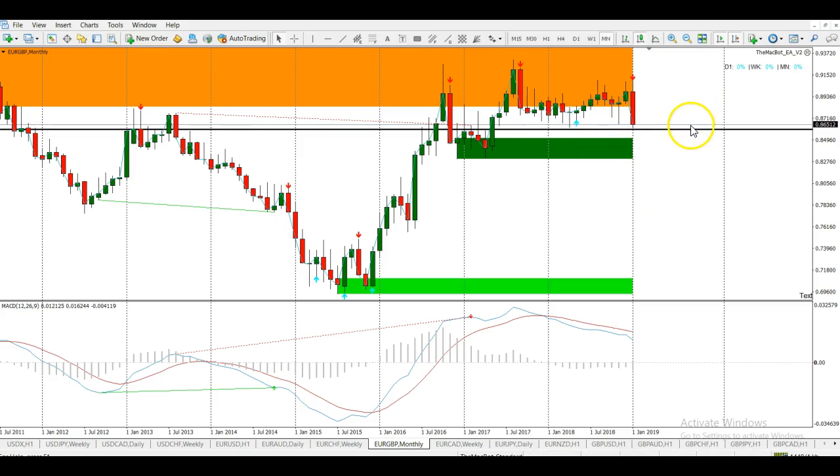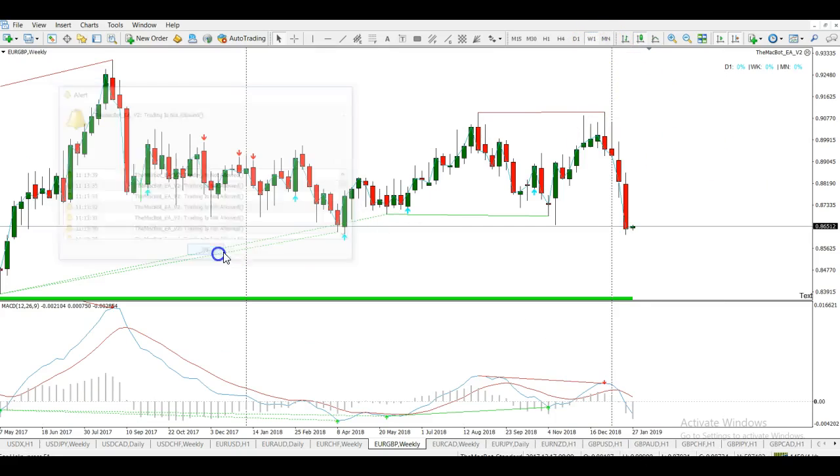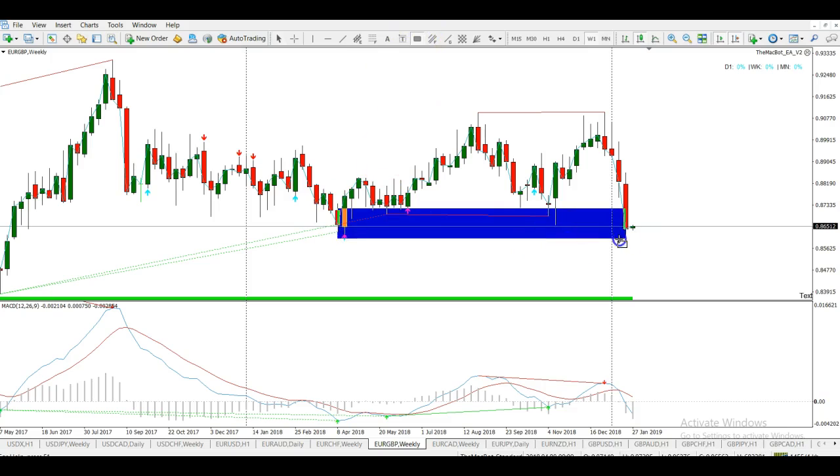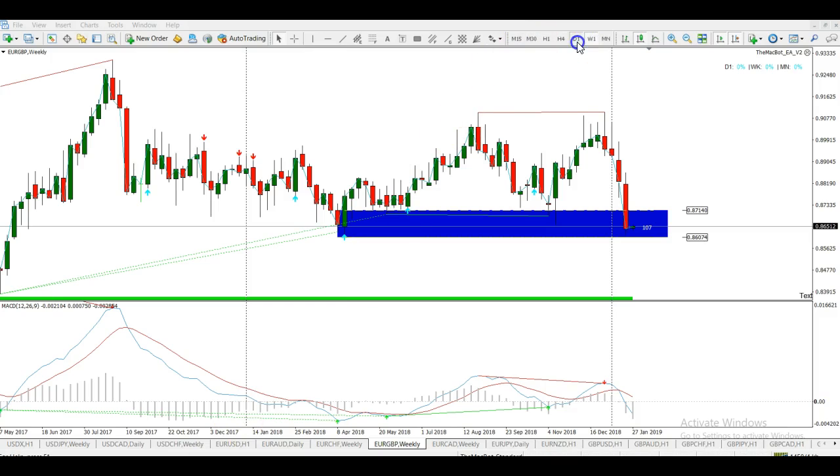The monthly's just left this monthly area here, dropping nicely, so it's not anything at the minute. This is kind of the weekly area here. It came down to test last week, so we are at the weekly. Monthly, no. Weekly, yes. And look for a daily.